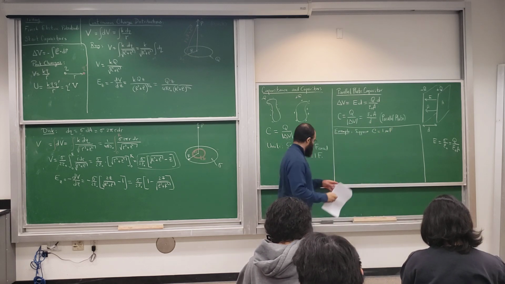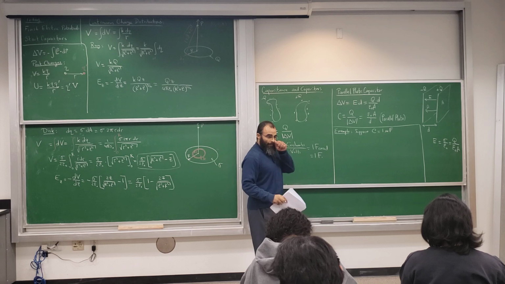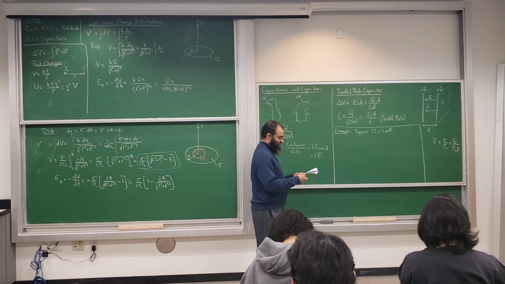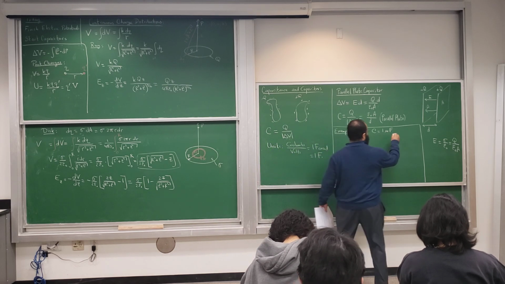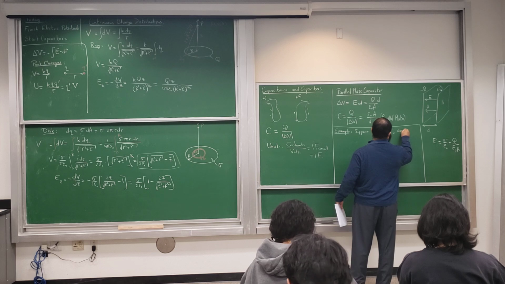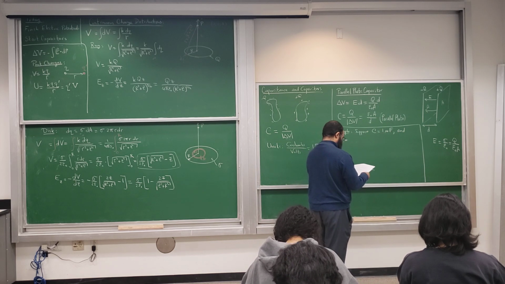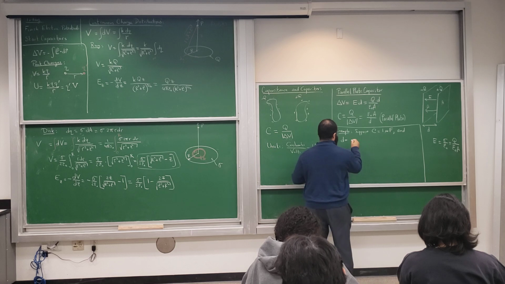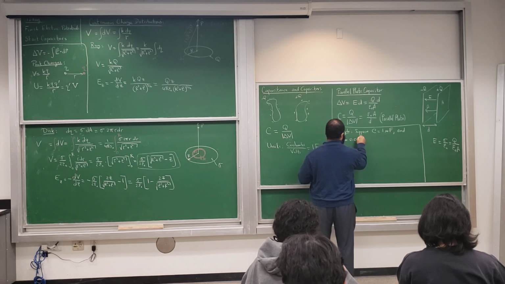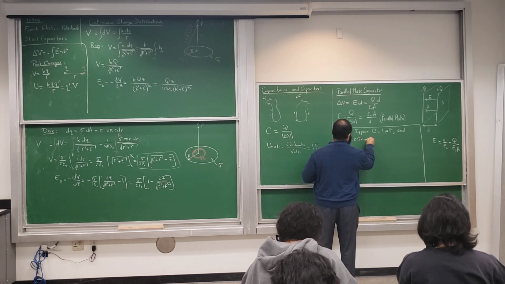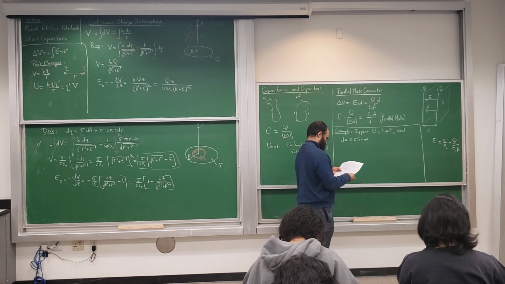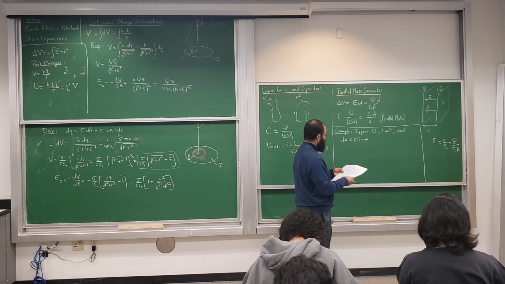Micro is 10 to the minus 6. And the distance between the plates is D equal to 0.05 millimeters. So this is given.